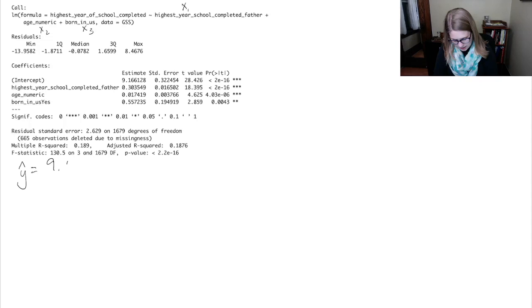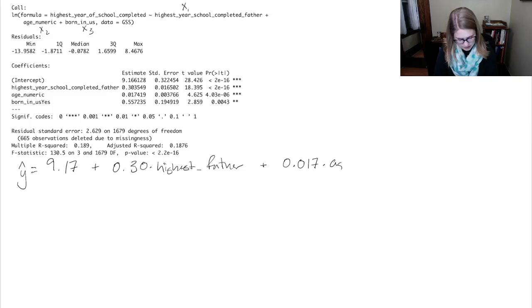And that's going to be 9.17 plus 0.30 times highest father, plus 0.017 times age, and plus 0.56 times born in US. So that's the overall model equation.